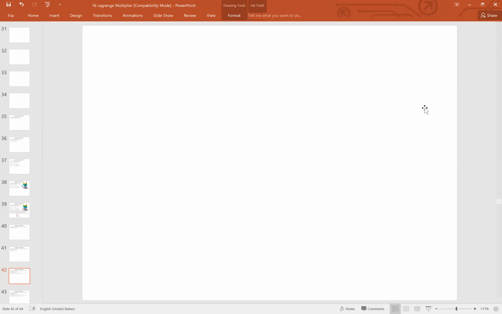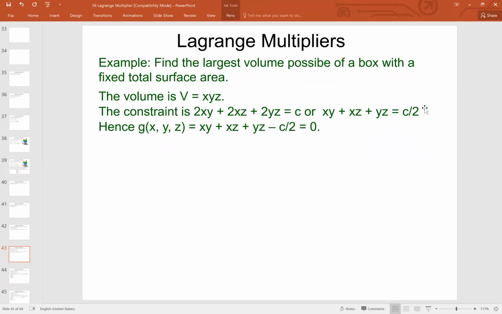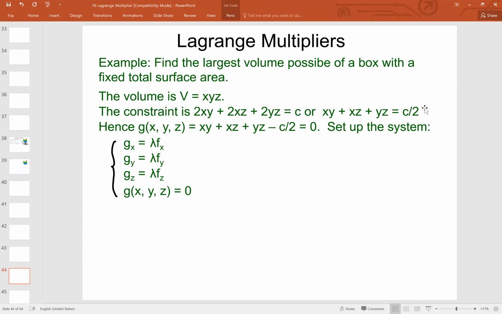When we take the partial, the constant doesn't mean anything. It's going to become 0. Then we set up the system of equations for the constraint and the gradients. Then solve them.